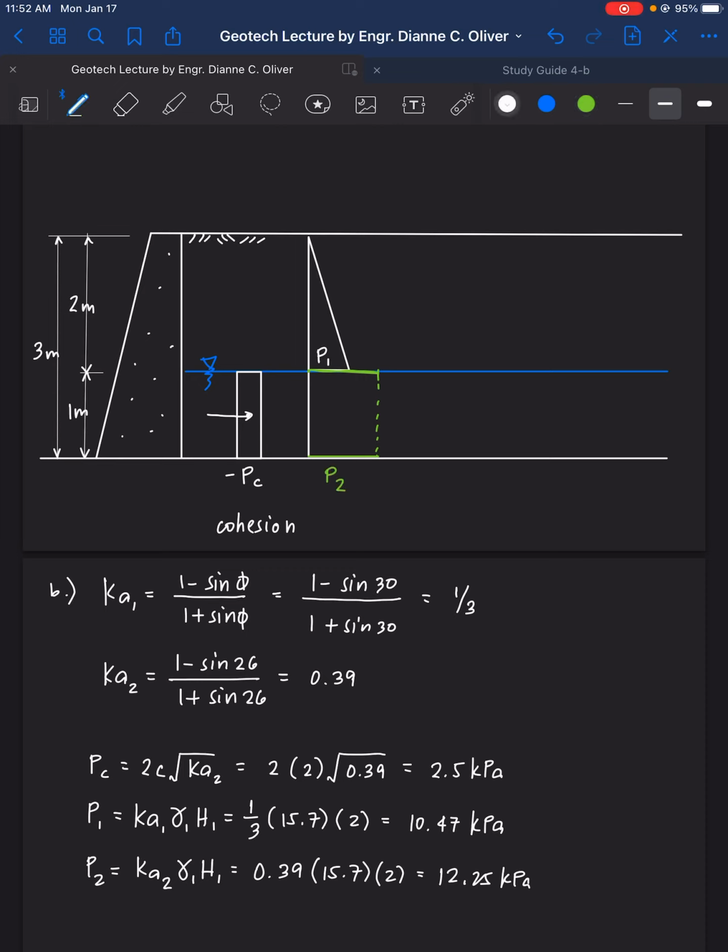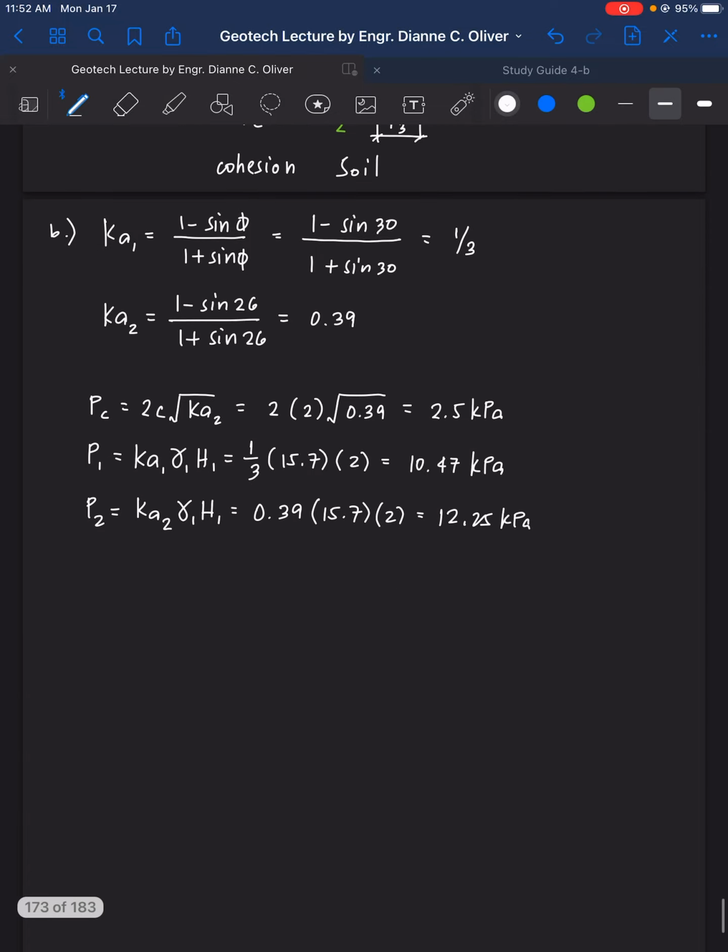Then let's get the P sub 3. The uniformly varying of the lower soil. This is P sub 3. So that's for the soil.